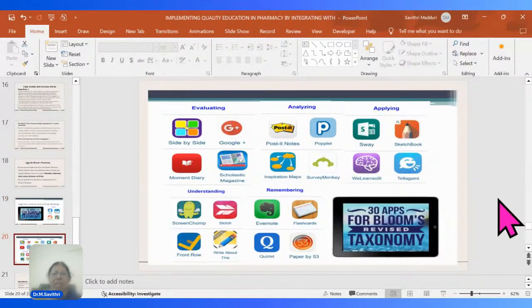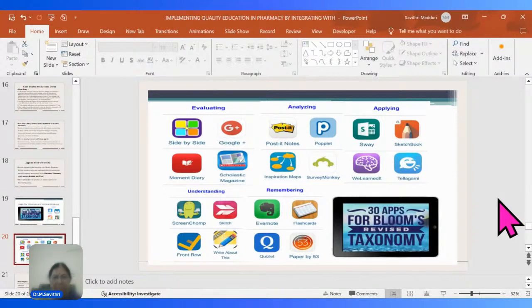The next comes evaluating. There is one app called Side by Side, and Google Plus is there, and Movement Diary. This is also an app, Movement Diary, and Scholastic magazine.